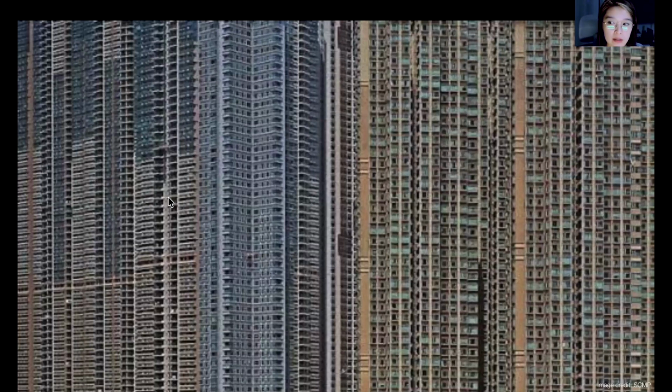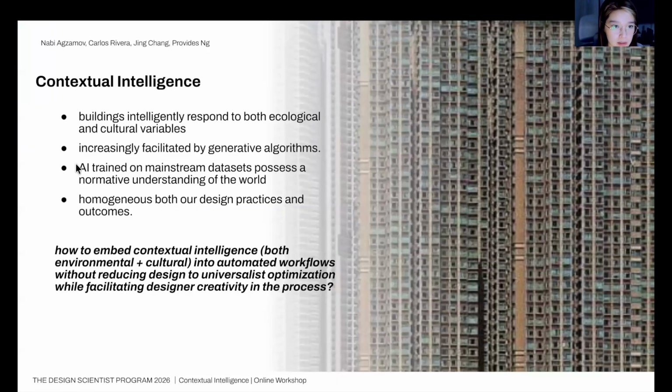And so as trained architects, we have to ask ourselves at this point, with the need to create buildings that intelligently respond to both ecological and cultural variables, and this is increasingly facilitated by generative algorithms. However, a lot of the generative AI that is trained on mainstream datasets actually has a very normative understanding of this world.